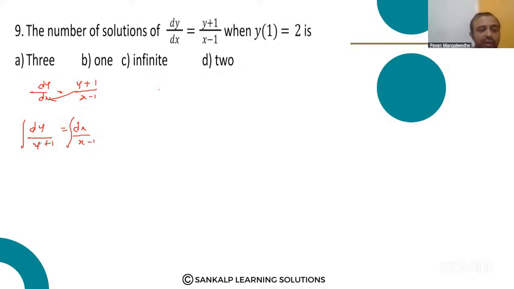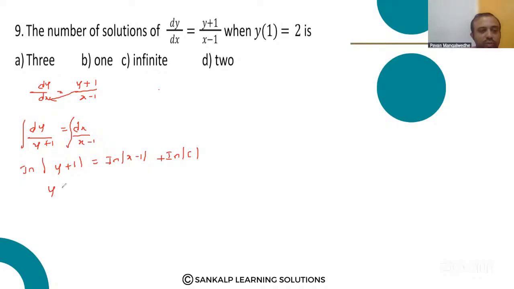So by integrating, it will become integration of mod of y plus 1, and this side integration of mod of x minus 1 plus integration of c.